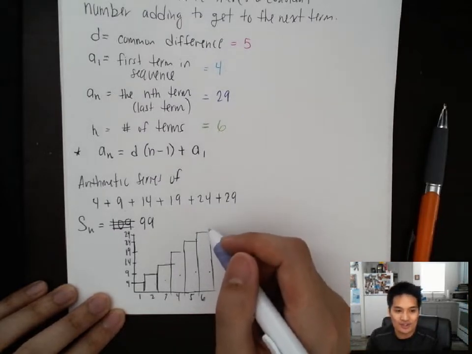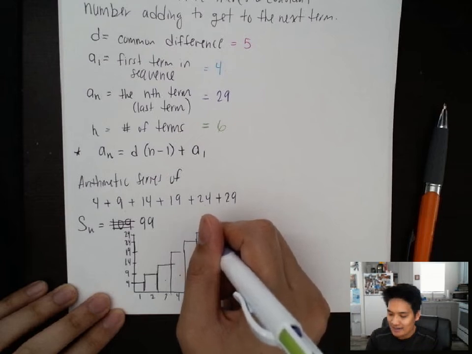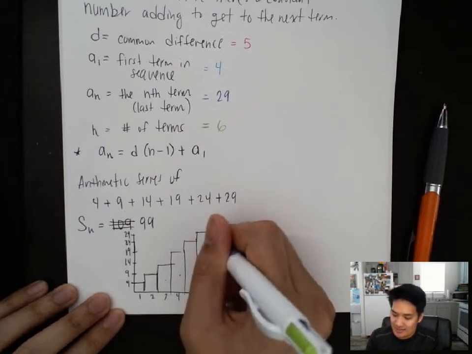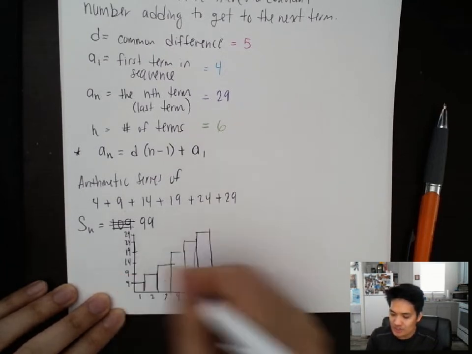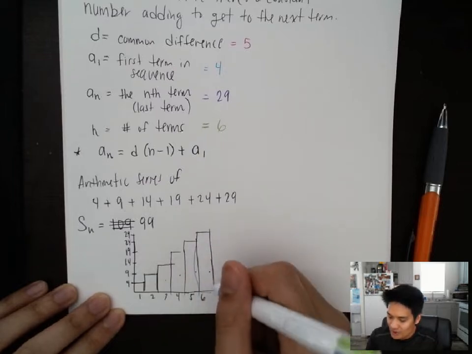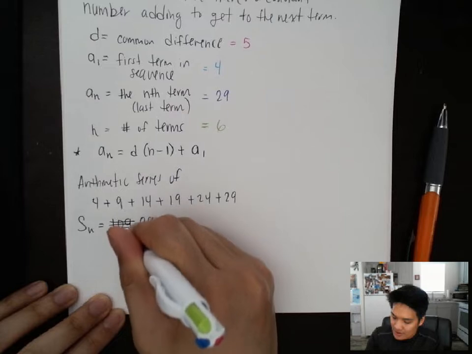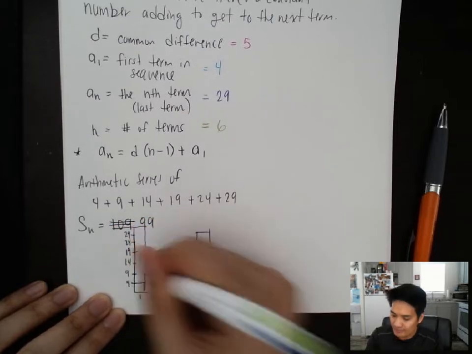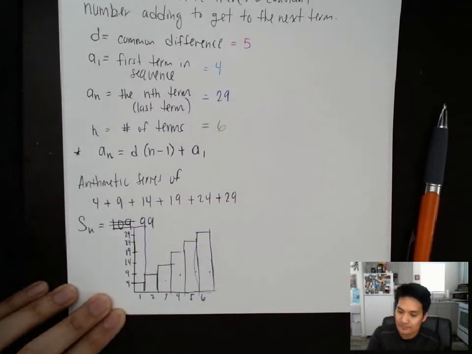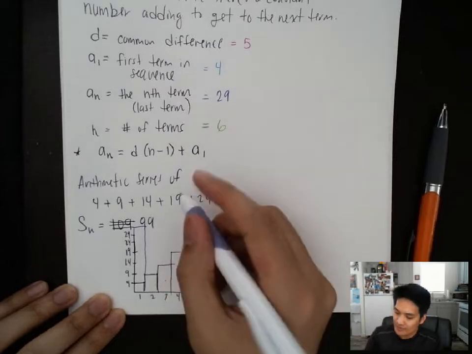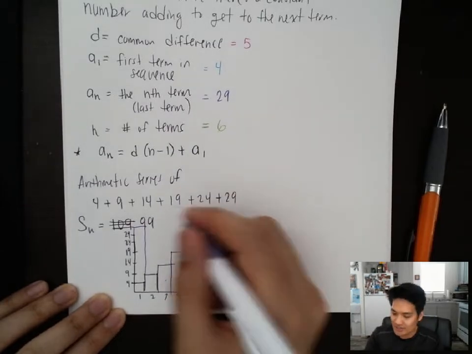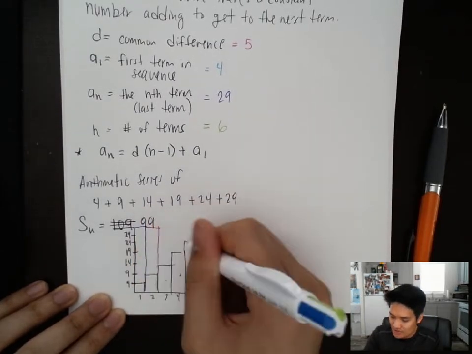One thing we can do is stack the last term with the first term. We're going to add 4 to 29, thus giving us this shape here. Do the same thing for the second to last term, and it'll give us this shape here.